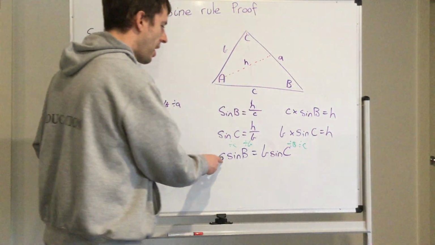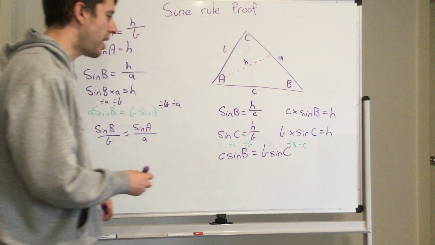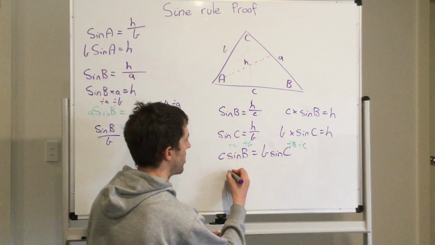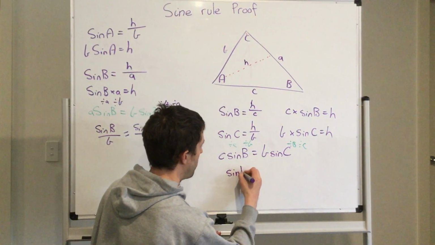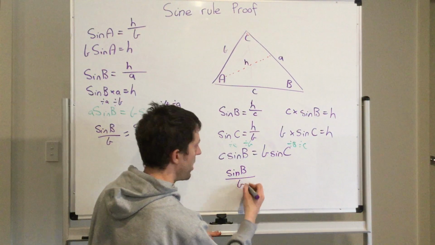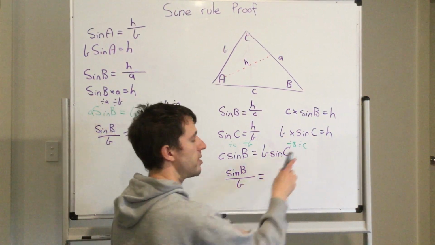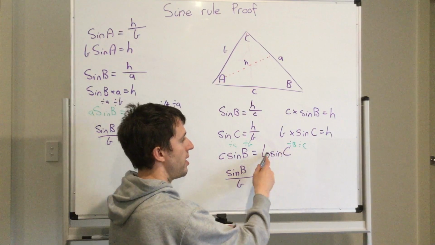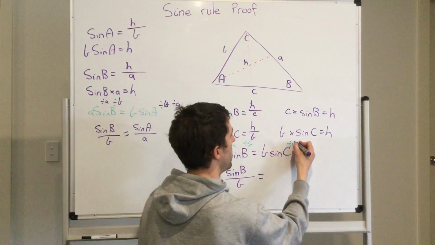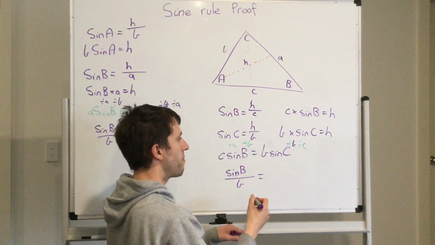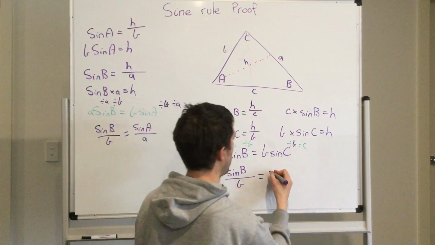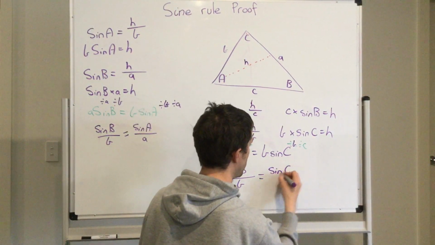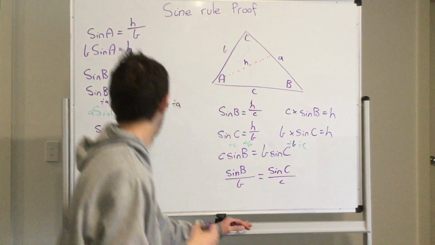So dividing by c cancels out, and it leaves me with sine B over b. Same here. I've got timesing by b, dividing by b. It cancels out, so it just leaves me with sine C over c.